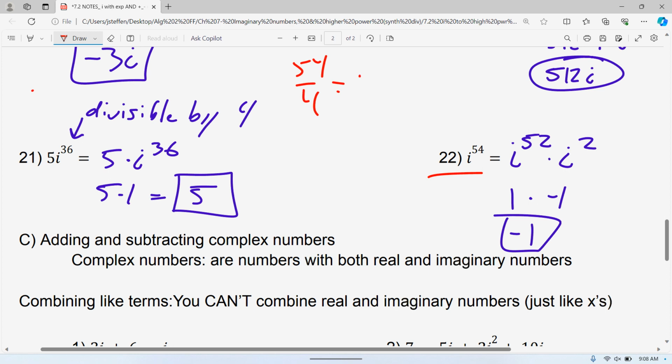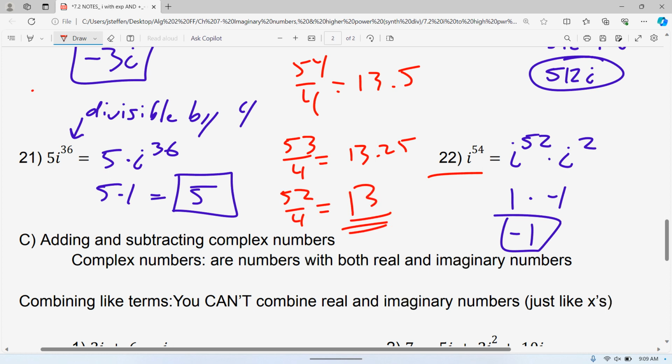That's a decimal, so that one doesn't work. So then I'd go one lower. 53 divided by 4, decimal, 13.25. So then 52. 52 divided by 4 is 13. So that is the closest number that's divisible by 4 that you can get with 54.